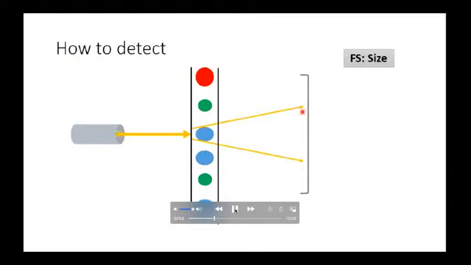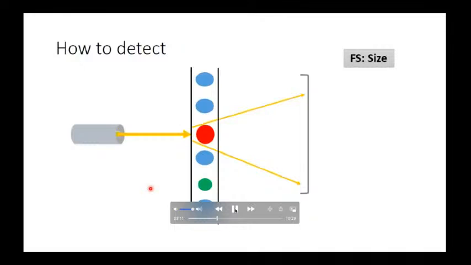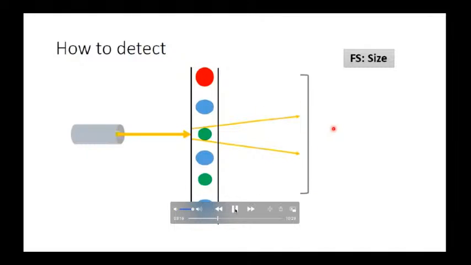Because the cells scatter a particular amount of light in the forward direction, but when the cell is bigger, the forward scattered light will be larger, or more forward scattered light will be detected.